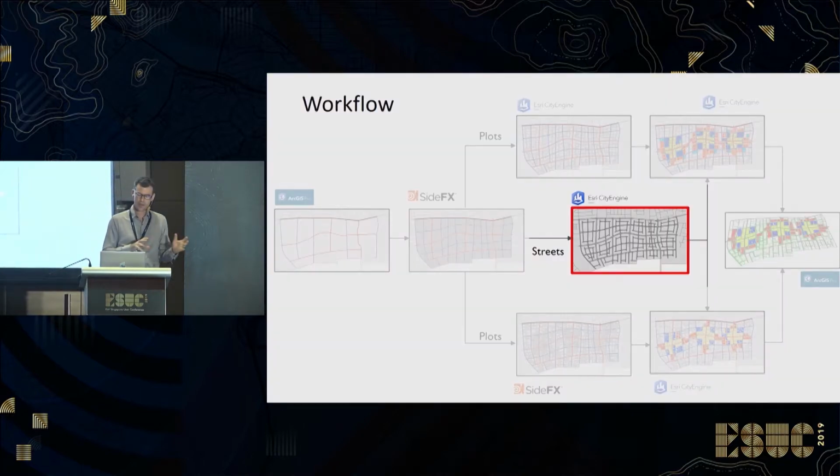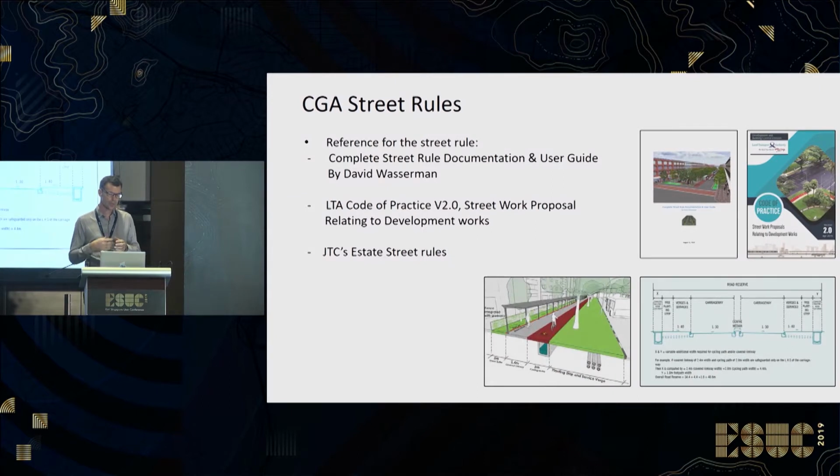So then the next step is the streets. We take the center lines from Houdini and take them back into CityEngine for generating streets. And so in this process, we are using CityEngine to model the streets based on the LTA guidelines and the JTC street rules. So the JTC will follow the LTA guidelines, but they have their own requirements and their own rules about how the streets should be configured.